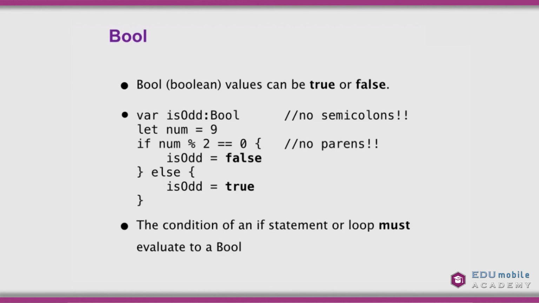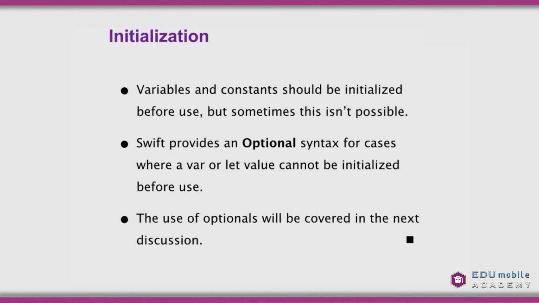That is not true in Swift. Is odd needs to have a value before we use it. Also, the conditional of an if statement, the conditional of a while loop or do or for loop must evaluate to a Boolean, a true or a false value.